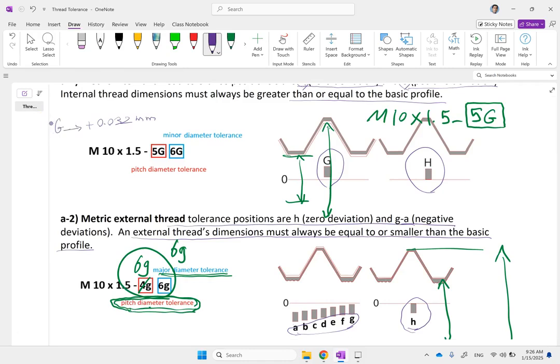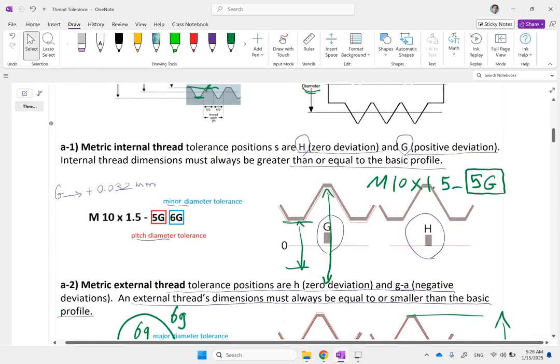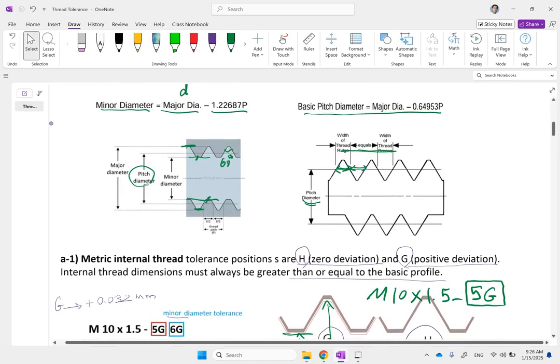So both of those dimensions, whether it's minor diameter or pitch diameter, are 32 microns bigger than their own nominal dimension. How much are their nominal dimension? We have to calculate it with these formulas.